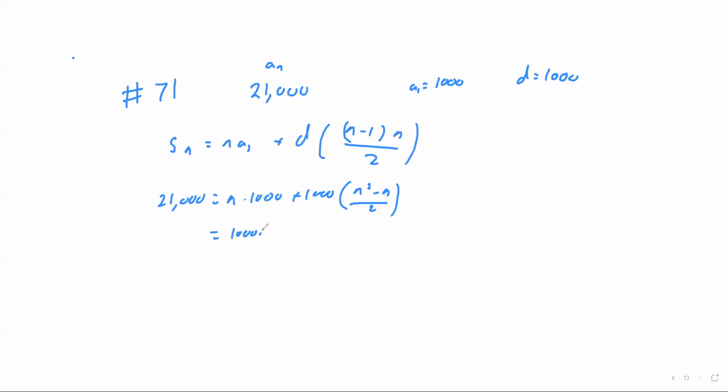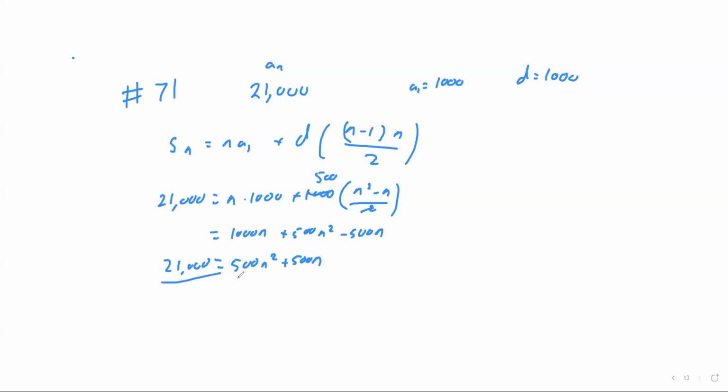So it'll be 1,000 n. This would be 500. So this would be 500 n squared minus 500 n. So then that would be 500 n squared plus 500 n equals 21,000.